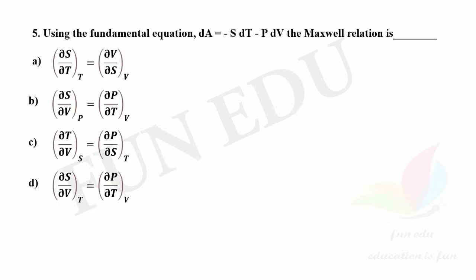Yes. Next one. Using the fundamental equation dA is equal to minus S into dT minus P into dV, the Maxwell relation is. So we need to find out the Maxwell relation in this case. Now, the Maxwell relation for this particular equation can be identified by using Maxwell's relation itself, or even you can use Euler's theorem.